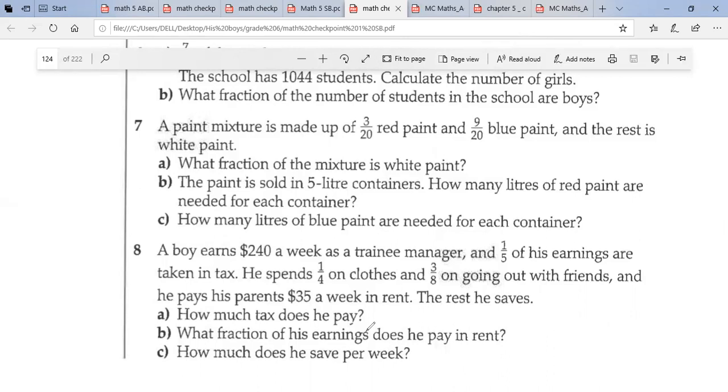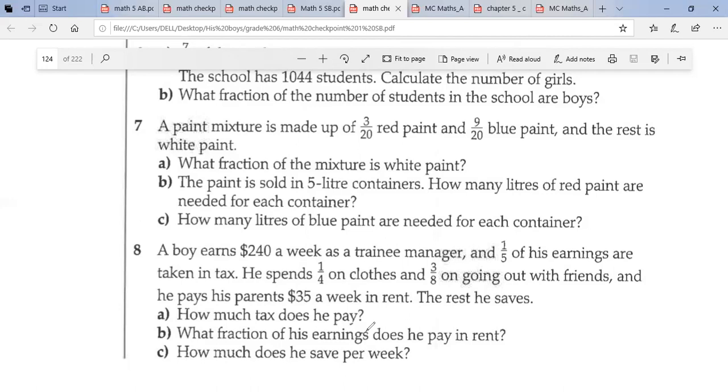B, the paint is sold in 5-liter containers. How many liters of red paint are needed for each container? C, how many liters of blue paint are needed for each container?